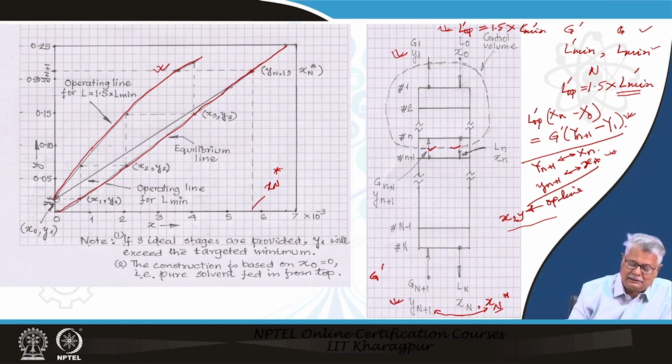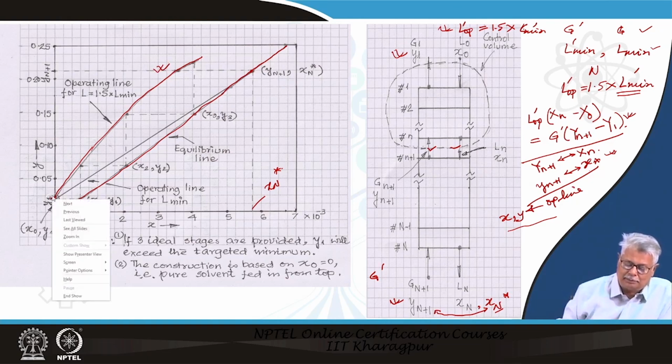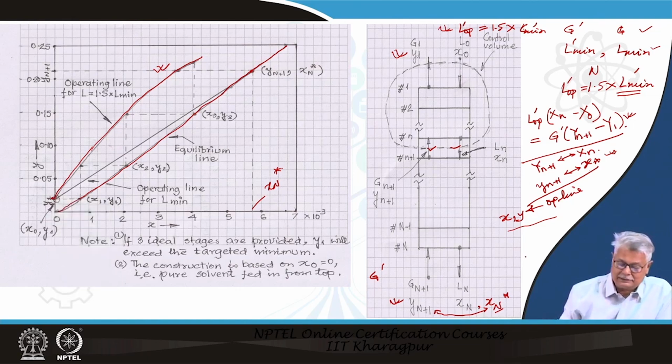This end on the operating line simply tells us the corresponding composition here and here. So naturally the coordinate of this point will be x0 and y1.